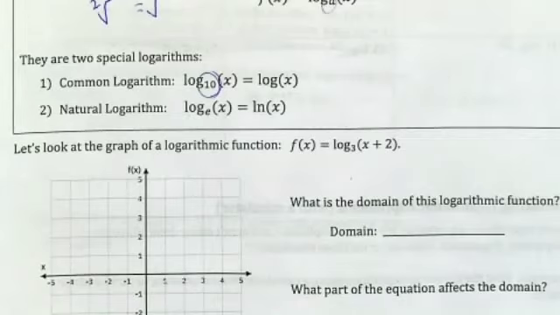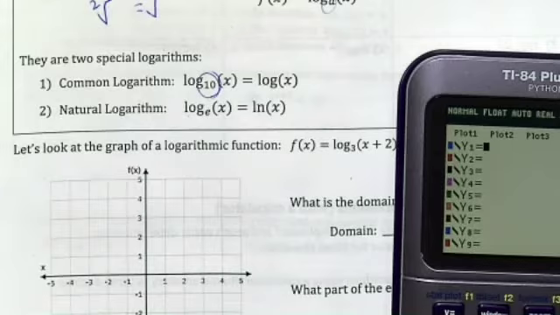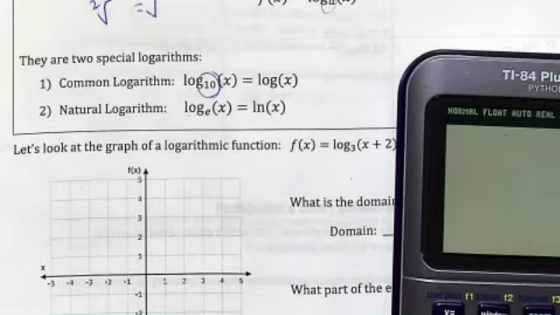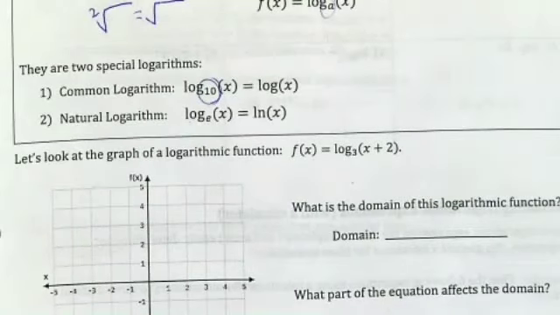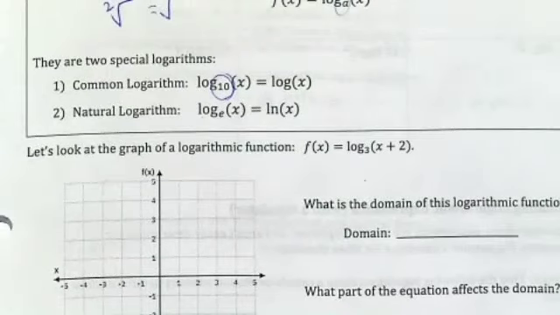So let's do some graphs and start getting an idea of what these functions look like. I'm just going to tell you, because we don't have too much in our math tool belt yet to figure out what this looks like as a graph.